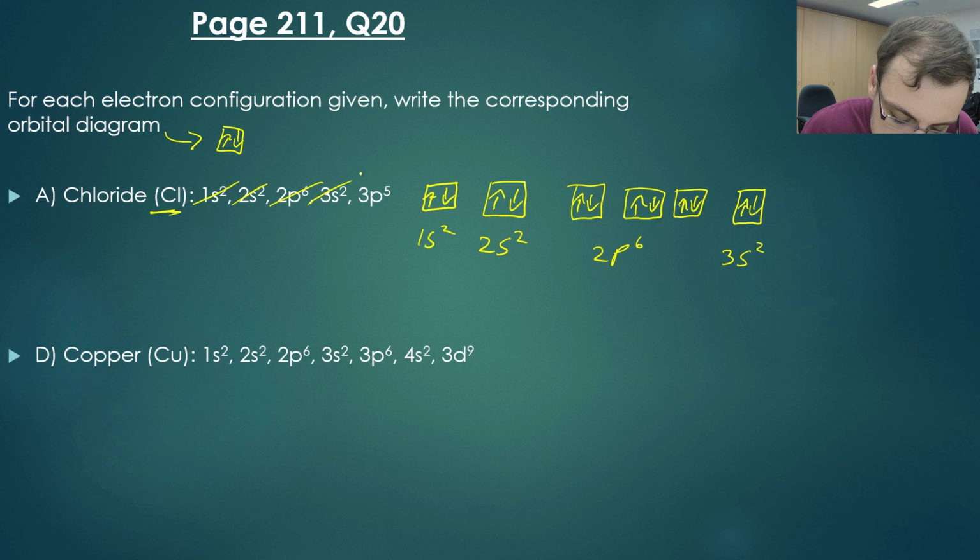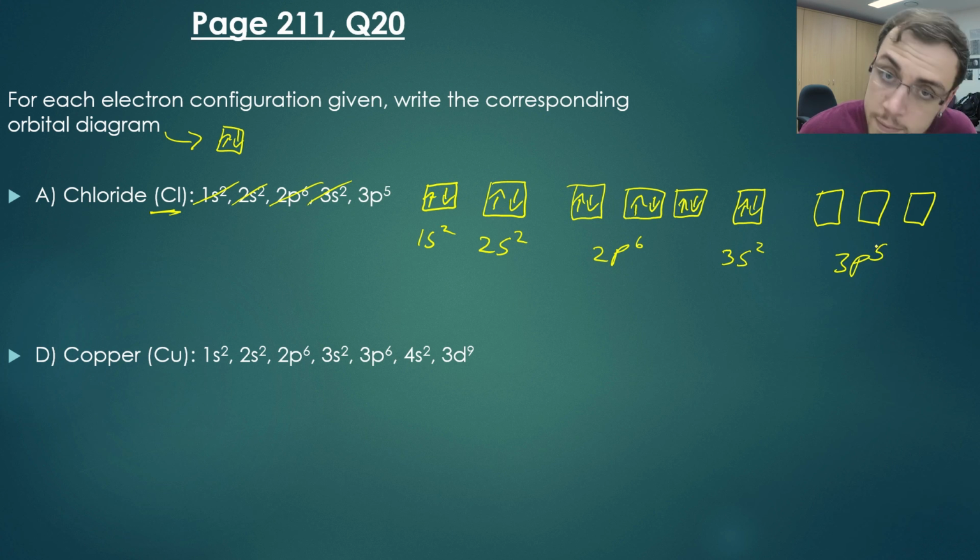And the last one is 3p5. So 1, 2, 3 boxes. We only have 5 electrons, so we go 1, 2, 3, 4, 5. And that is our orbital diagram for chlorine.